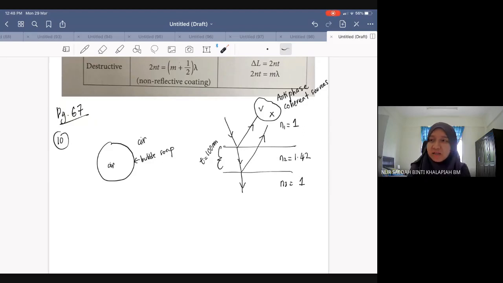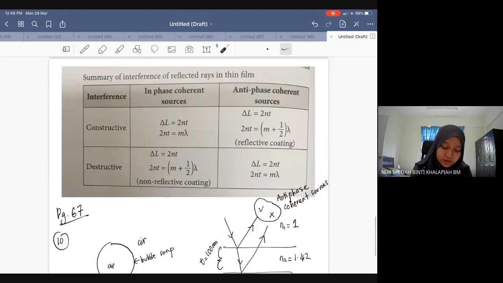It's a reflective coating, by the way. So, reflective coating is a constructive. Reflective coating adalah constructive punya formula. Because they say, dia bagi tahu dekat situ most strongly reflected. So, perkataan most menunjukkan dia adalah reflective coating. Most strongly reflected menunjukkan reflective coating.